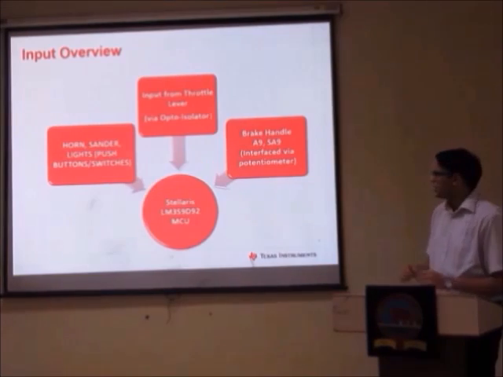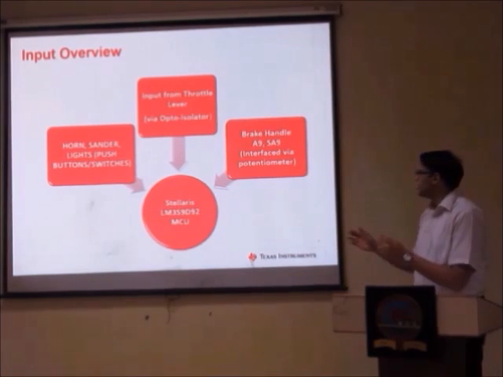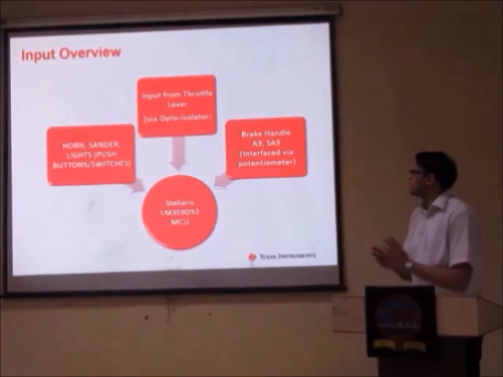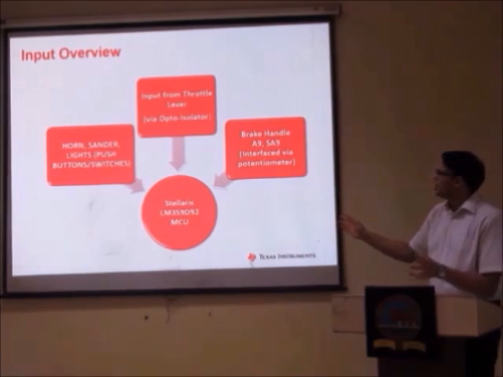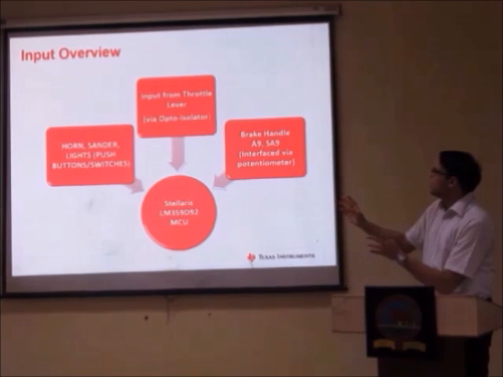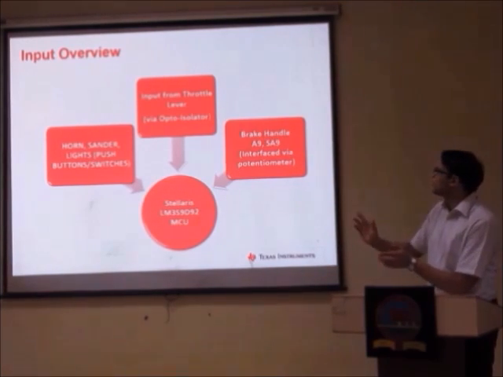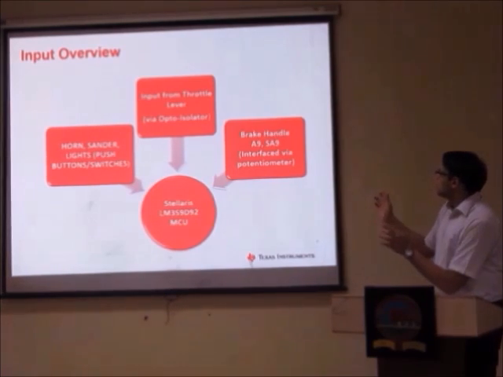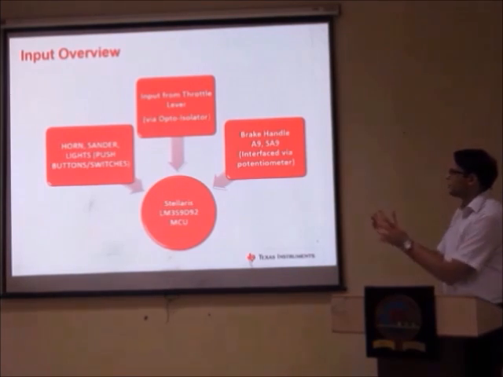Here you can see we are using a Stellaris microcontroller board for taking inputs from the locomotive control stand and feeding them to the PCB. The various inputs from the throttle lever and reverser handle, as well as the inputs from push buttons, are fed to the microcontroller analog channels through opto-isolators to protect them from damage. Brake handles A9 and SA9 are interfaced using a potentiometer and filtered using a front-end circuit before feeding them to the microcontroller.